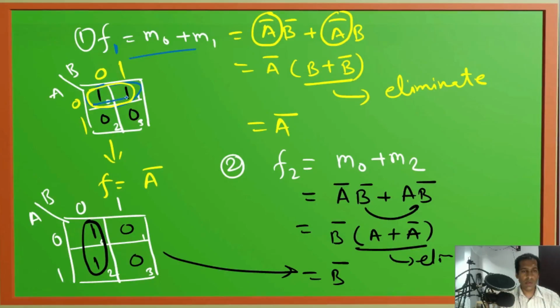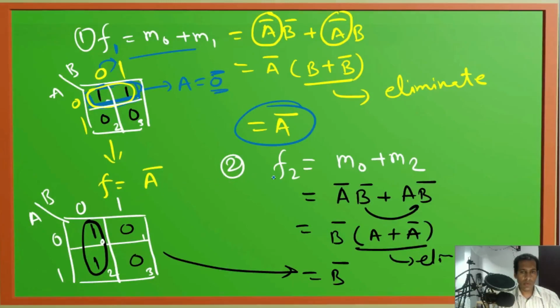So here also a is 0, here also a is 0. Both the places a is equal to 0. But along this square b is 0 and b is 1, changing. Right? So it's constant 0. 0 stands for bar. So this is a bar.